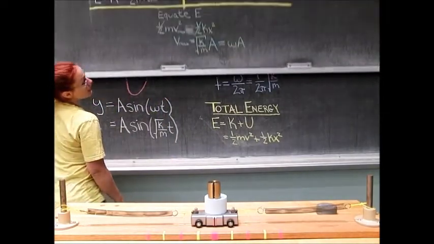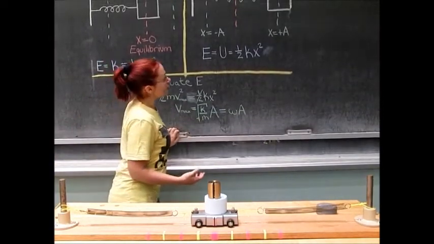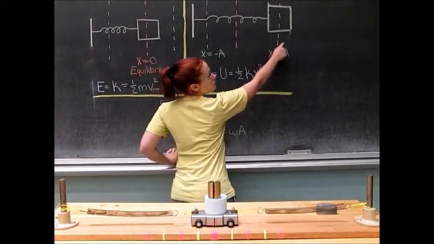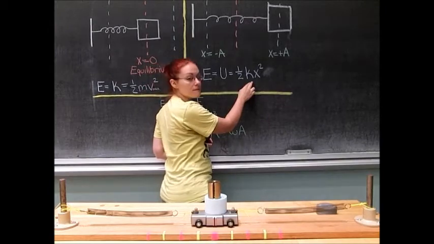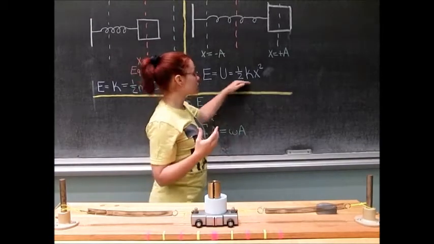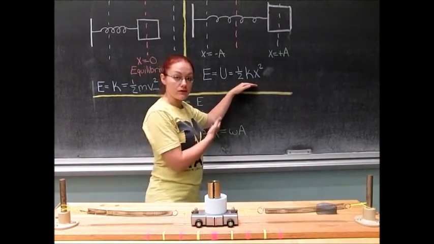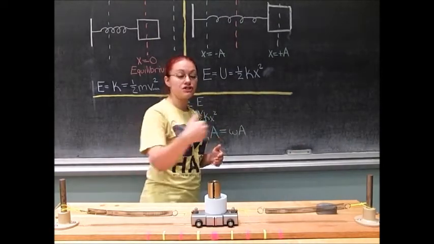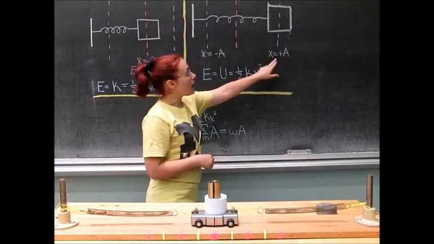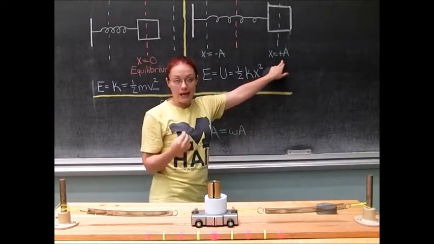The other thing to look at is the energy of the system. So if we remove the mass when all of the energy is stored in the spring, there is no mass relationship to this energy value. Therefore, the amplitude of this oscillation should still remain out to the x equals A.